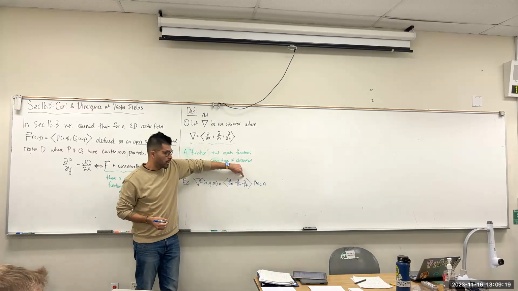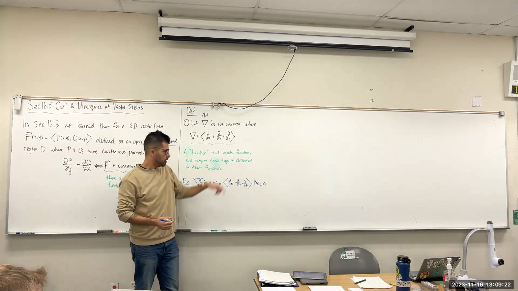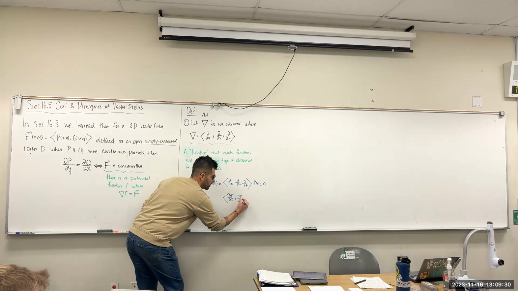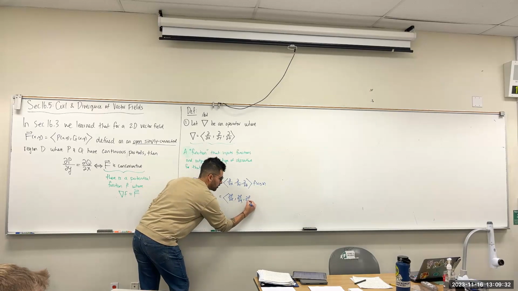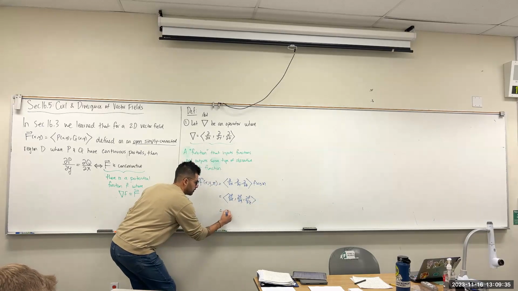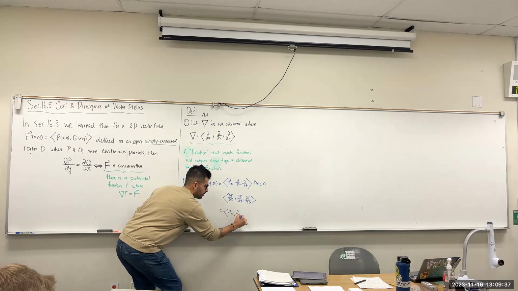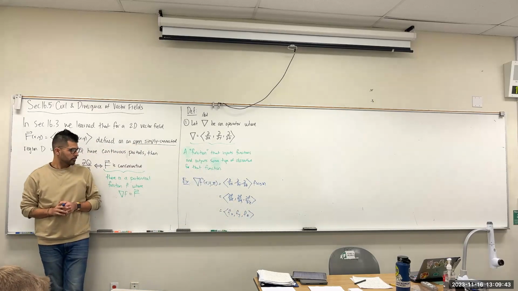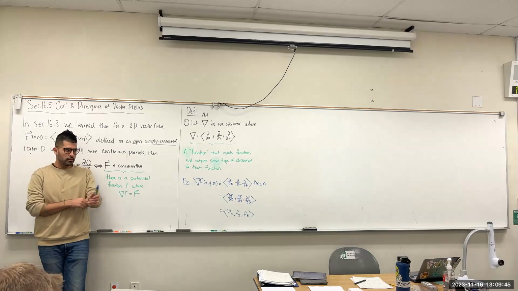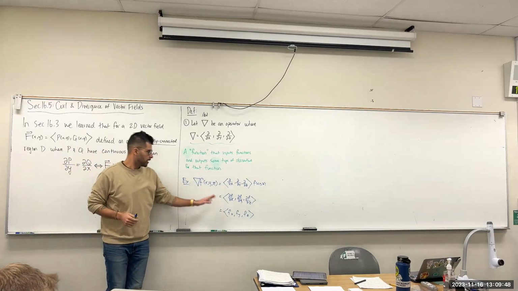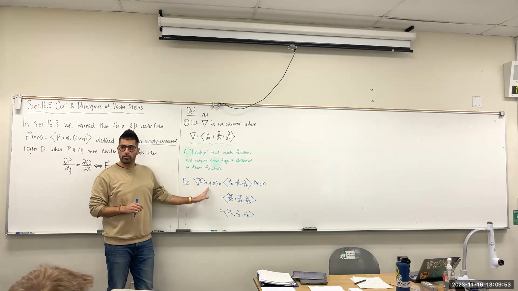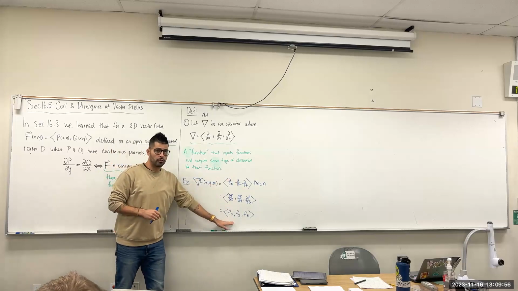Just the way with a scalar, right? You kind of distribute to each of the components. You distribute it into the first one, so you get this guy here. You distribute it into the second one, so then you get this partial here. And then you distribute it into the third one, which gives you this partial here. So it's the definition that we've learned for gradient. So you guys kind of see that? We just defined it this way, but here I want you guys to think of the operator as kind of doing a scalar multiplication to this function, so that you produce this new type of derivative.